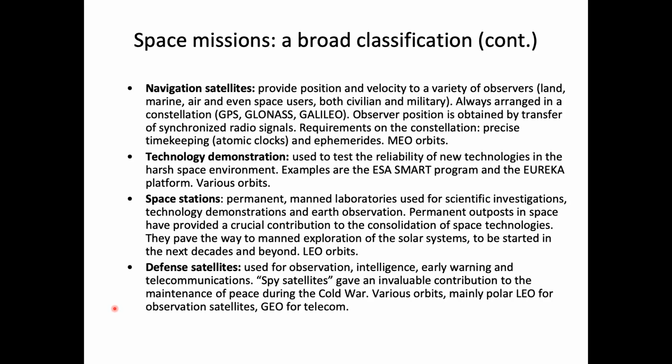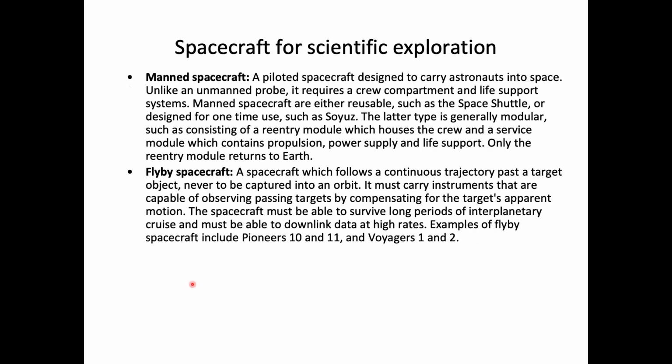The concept is very simple. We will see how it works. We will not do it now. But we will describe the system. What is the payload? What are the requirements? What kind of orbits are used for this type of system?